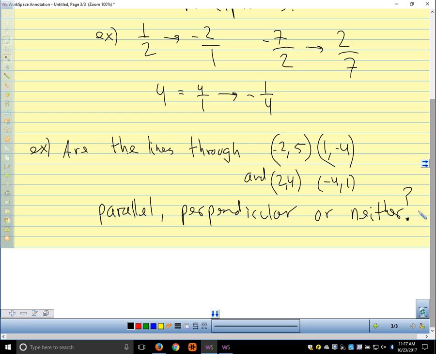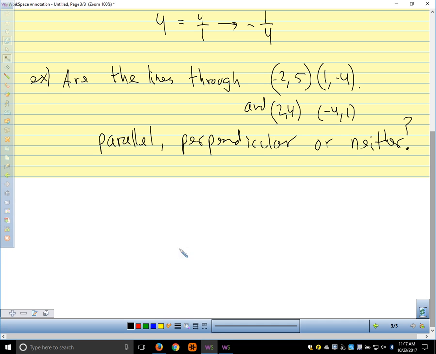So again, this question is not asking us to draw a little graph and look at the lines and decide, do they look like they're parallel, do they look like they're perpendicular? What a question like this is asking us to do is compare slopes.